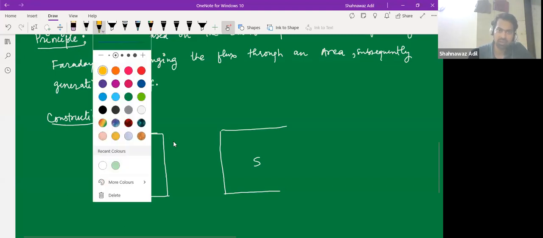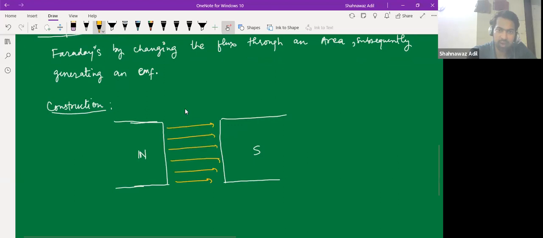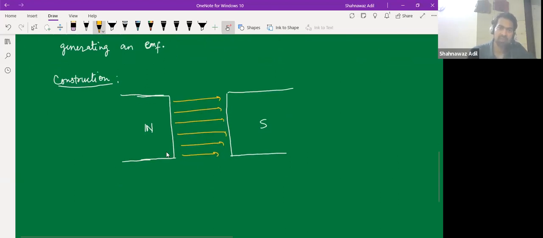So this is the magnetic field line, and then you have a coil which is placed in this magnetic field, right?